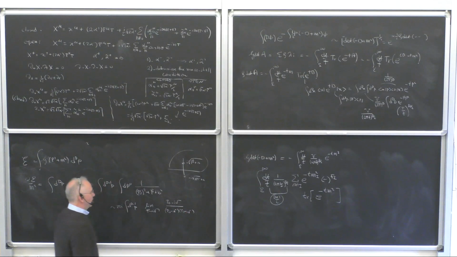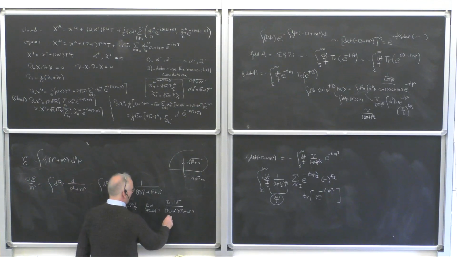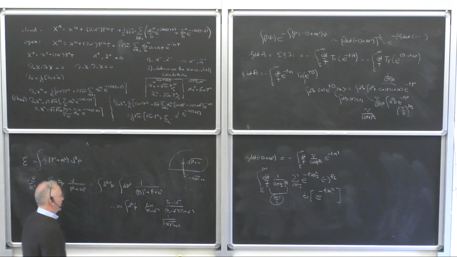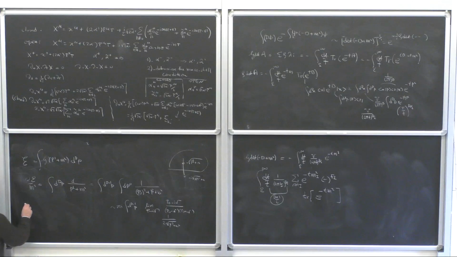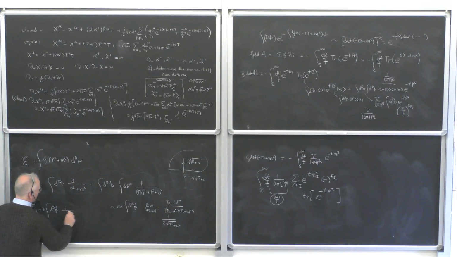So lo and behold, you will get 1 over 2i times the square root of p squared plus m squared. So in other words, this quantity, the derivative of E with respect to m squared, up to a factor, is pi times the integral d^(d-1)p 1 over the square root of p squared plus m squared.